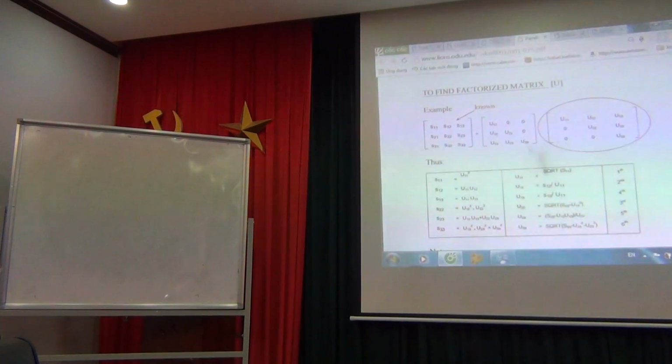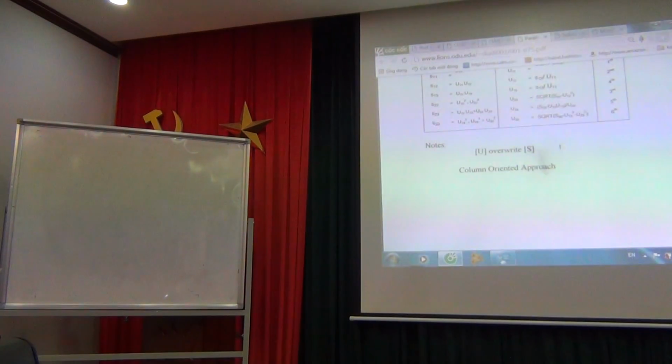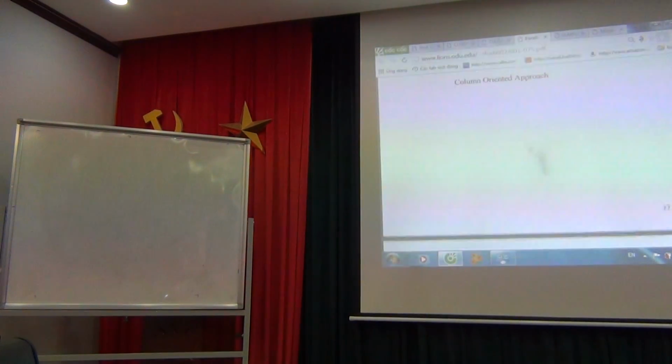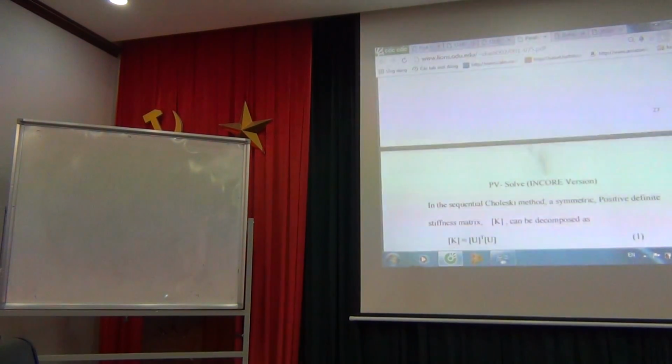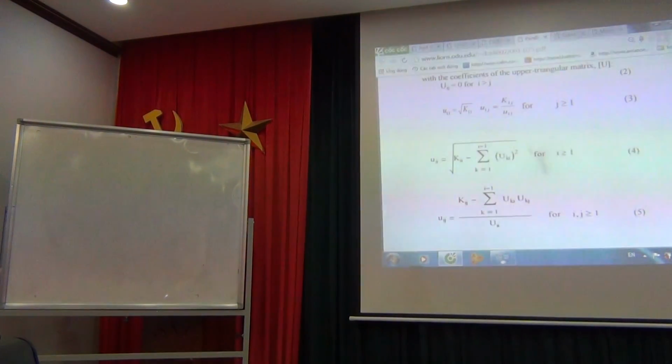That is for a 3x3. Last time, we also asked, what happens if the matrix gets bigger? Then we have the general equations 4 and 5.